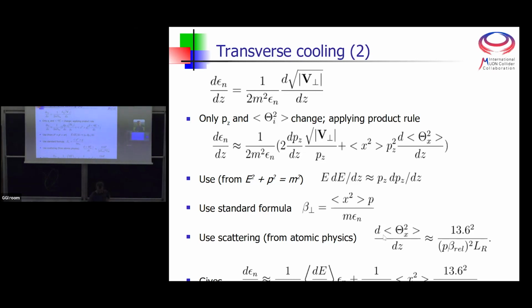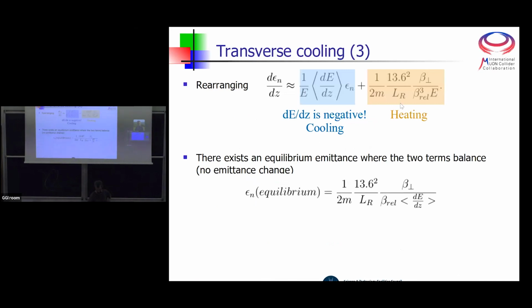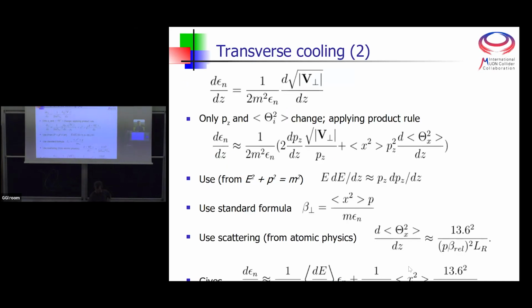And we use the scattering from atomic physics. This is just an expression which comes from the Particle Data Group Physics Handbook, which tells you how much scattering you expect for a given material. And so we can get to this expression for the transverse emittance change as we go through material. And I can simplify it further by using this expression for the transverse beta function.